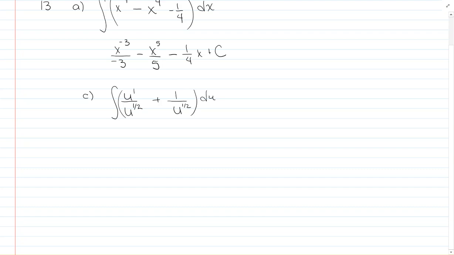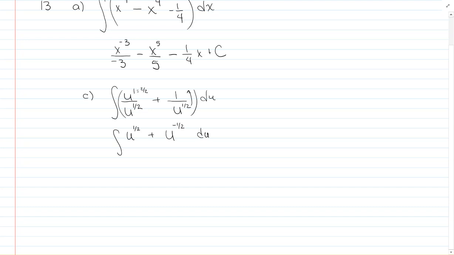All right, so if you've got u to the 1 on top and u to the 1/2 on the bottom, you subtract the powers and go to the side of the bigger one. So that would be u to the 1/2 on top, because you've got 2 halves and 1/2 on the bottom. The u on the bottom needs to move up and become u to the minus 1/2.